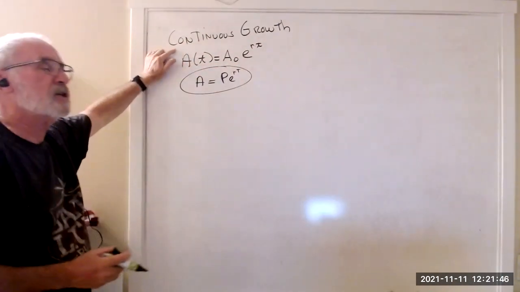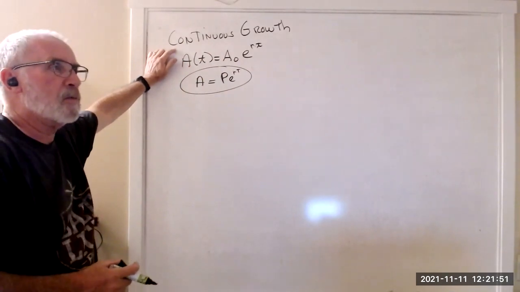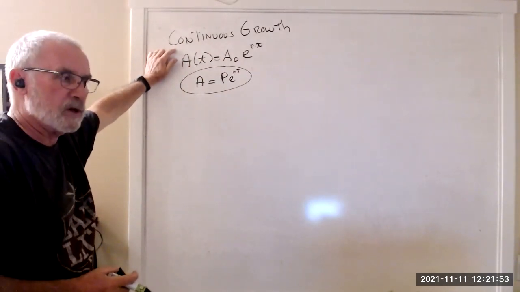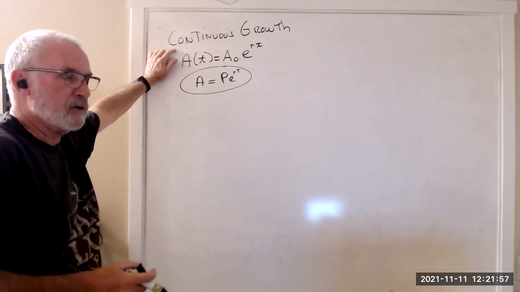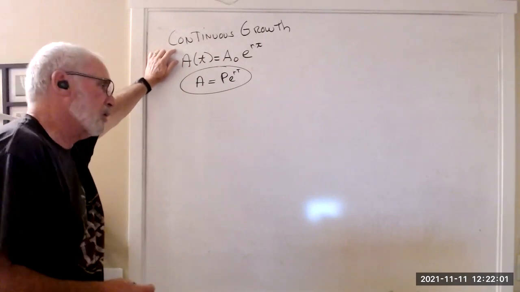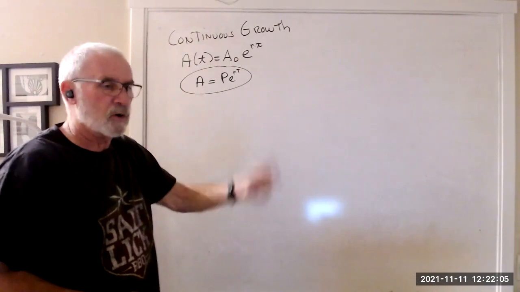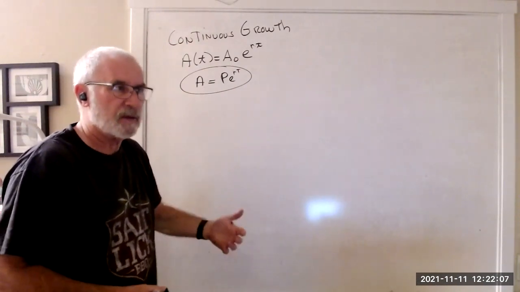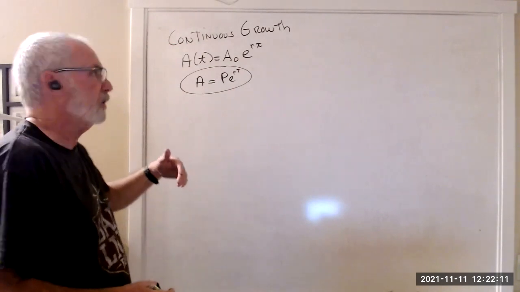And when it says continuous growth, by the way, this is for almost every life situation, especially bacteria. Those little bacteria just grow and grow and grow, and viruses, they just grow and grow. So this formula is for something that just keeps growing and never stops, or at least we assume it does.